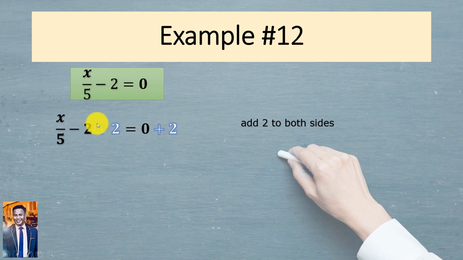Okay, nag-add ka ng 2 sa right side, nag-add ka ng 2 sa left side. So, pwede na natin makancel itong minus 2 plus 2, that becomes 0. So, therefore, x over 5 is equal to 2. Bakit 2? 0 plus 2.